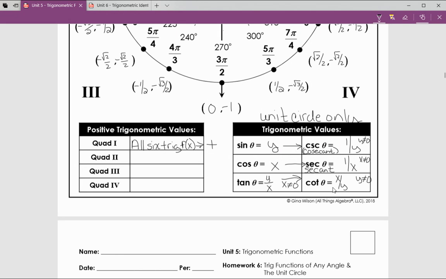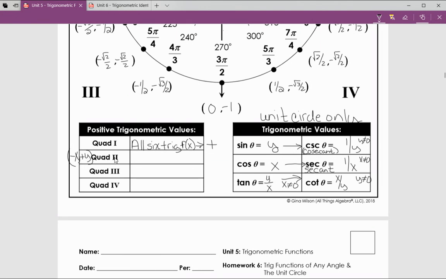So everything would stay positive in quadrant 1. Well, when you get into quadrant 2, it has a negative x, but it has a positive y value. So what happens is once you move out of the first quadrant, when you go into the second quadrant, there are 2 positive trig functions and 4 negative trig functions.